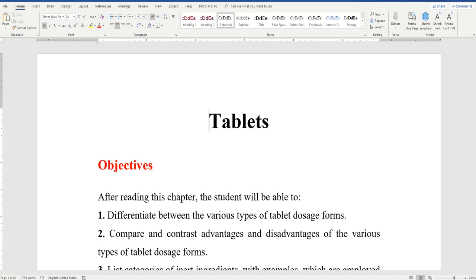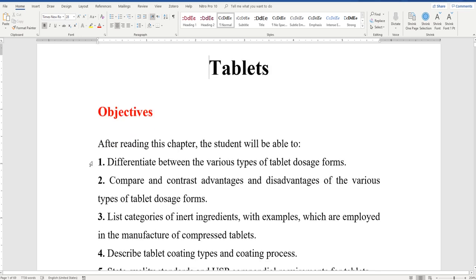As we always do with the topics that we discuss, the first thing we talk about is the objectives, or the learning outcomes from this topic. The first learning outcome is for you to identify and differentiate between different types of tablet dosage forms.